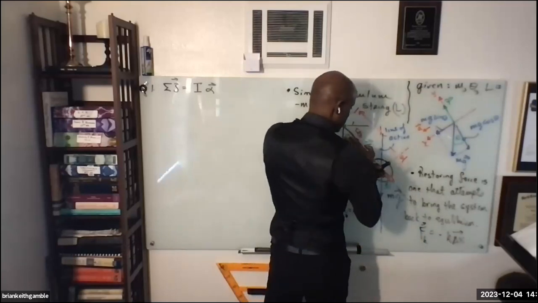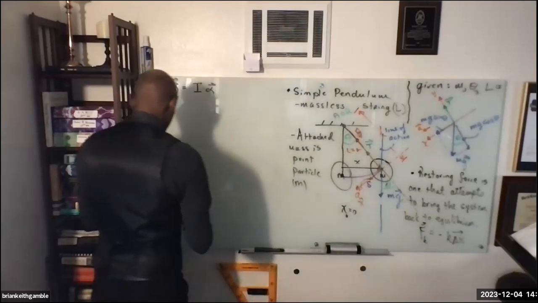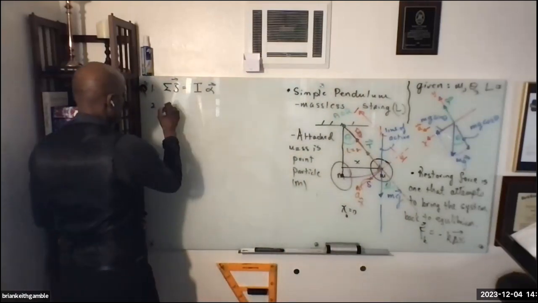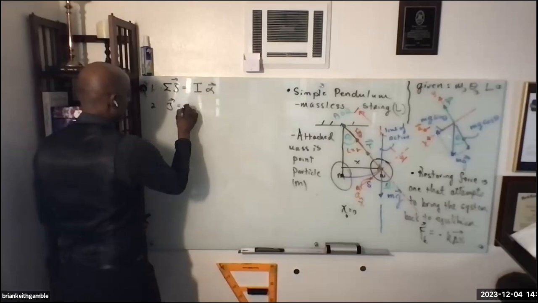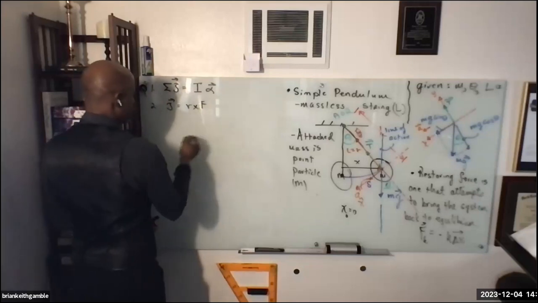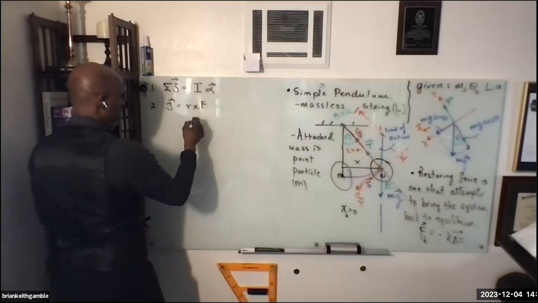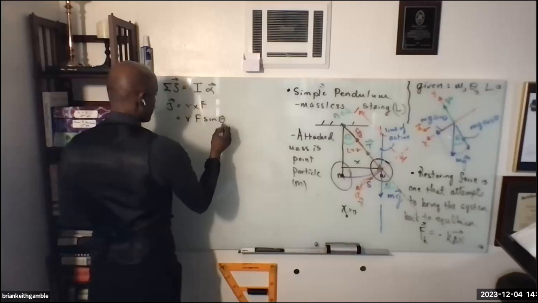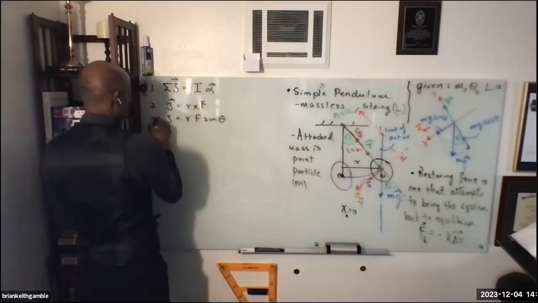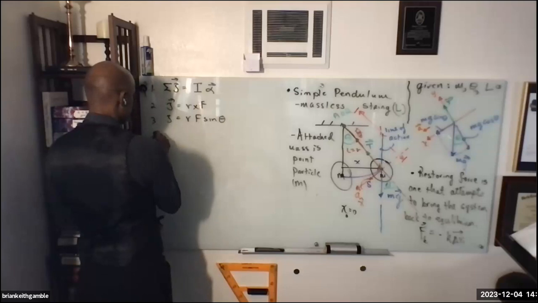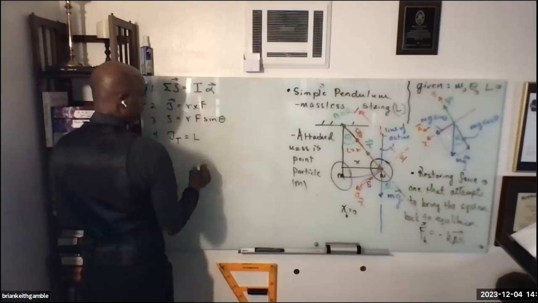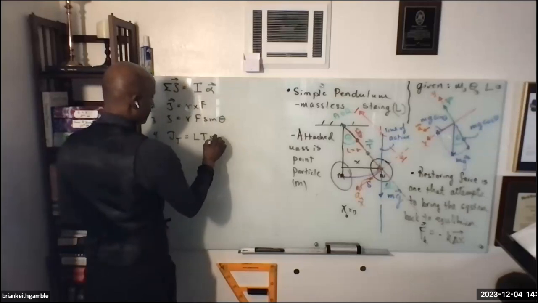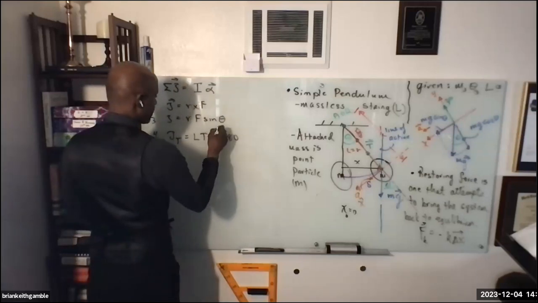The definition of torque is r cross F, so the magnitude is r F sine of the angle between them. So the torque due to tension would be L times T times sine of 180. Well, sine of 180 is 0, no torque.